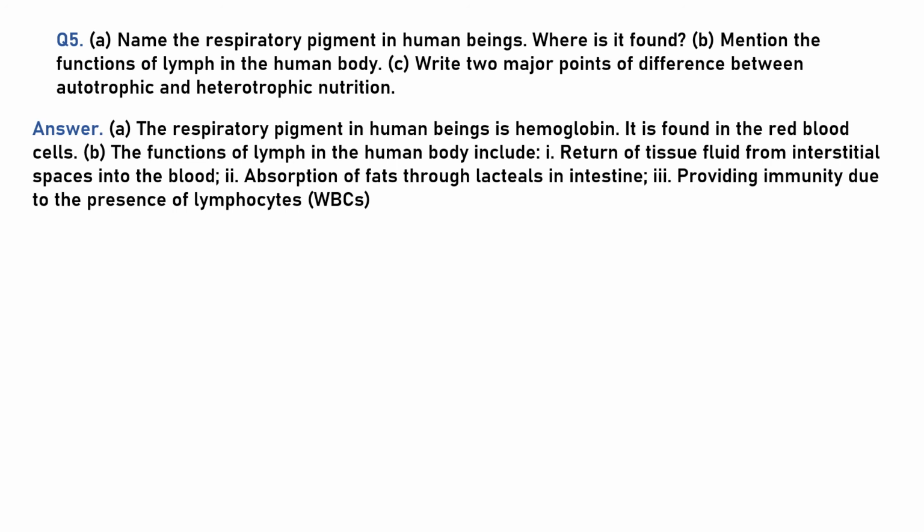So this is the function of lymph. Then absorption of fat through lacteals in intestine, then providing immunity due to the presence of lymphocytes. That lymphocyte is a component of WBCs, right. So this is all about this part of the question.